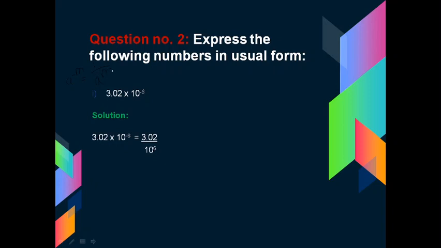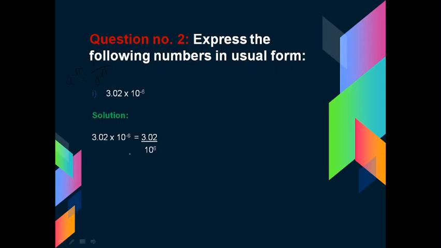So when a number is given with a negative exponent, we have to convert it to positive, and for that we use this formula.